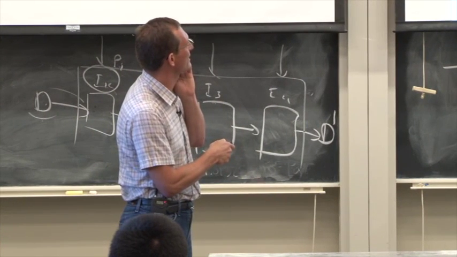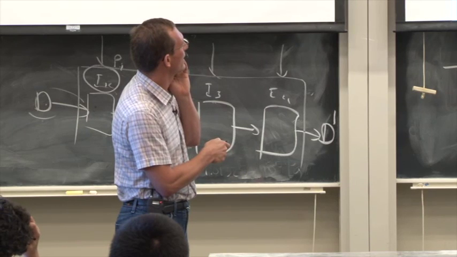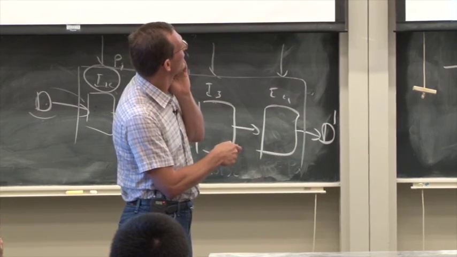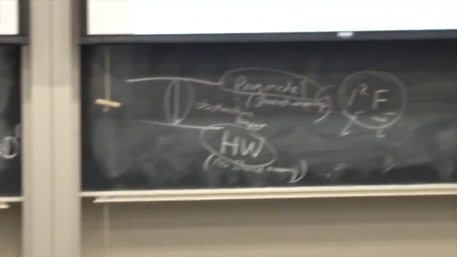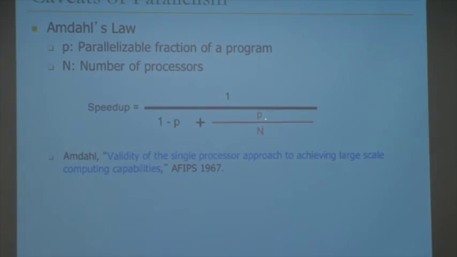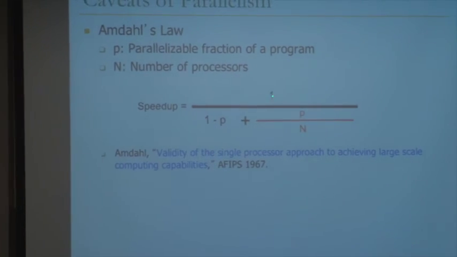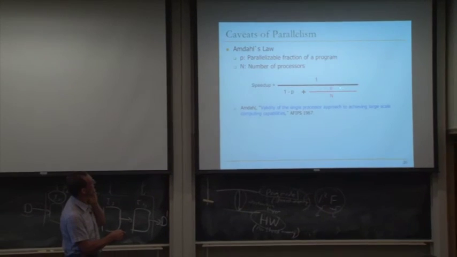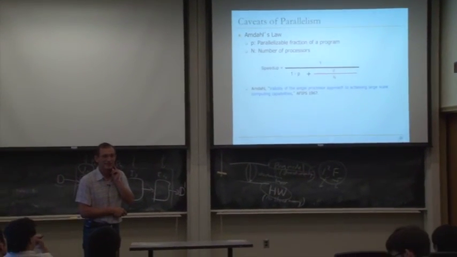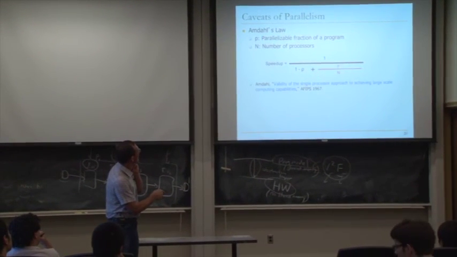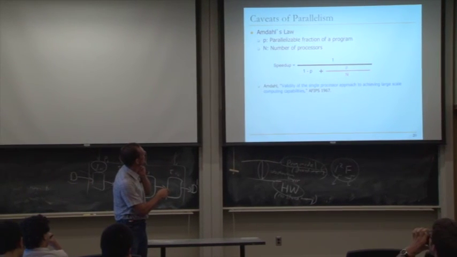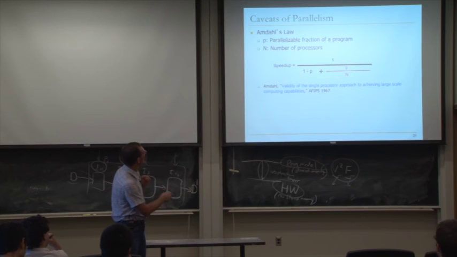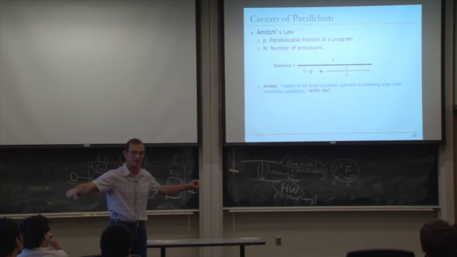And the law states that the speedup you can achieve with n elements is this. Basically, p is the parallelizable fraction of the program, and n is your number of processors. Your speedup will be 1 divided by (1 minus p plus p divided by n). So the assumption is that the parallelizable part of the execution time of the program can be divided perfectly among the n processors.